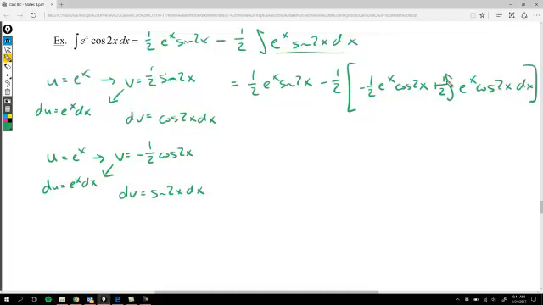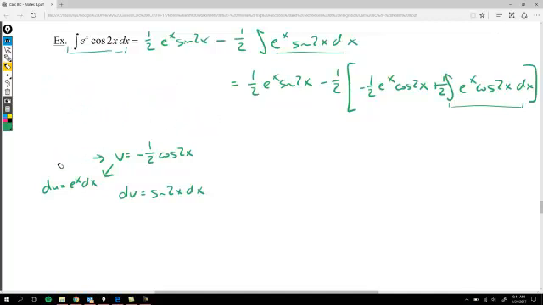Okay, now it looks like we're just going to go around in circles because nothing's getting better with this. But notice what I have here. Okay, so I'm going to erase this just for space. But keep in mind the original problem. That's kind of the big trick about doing these.